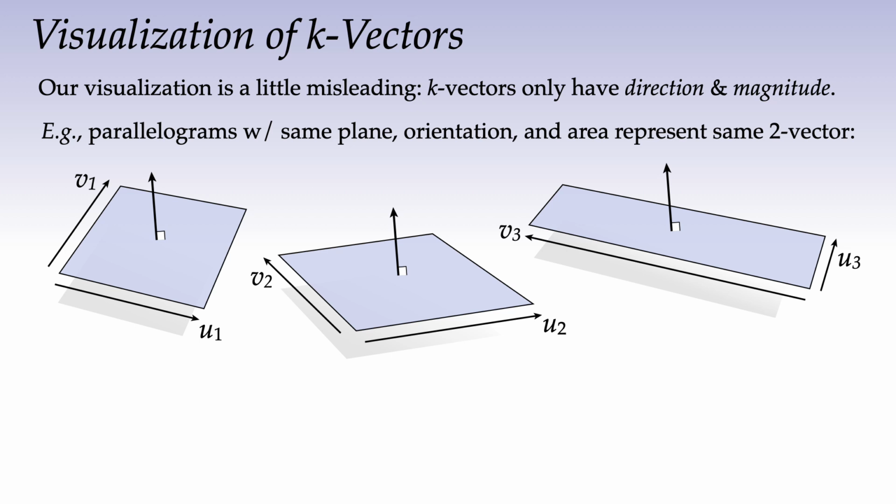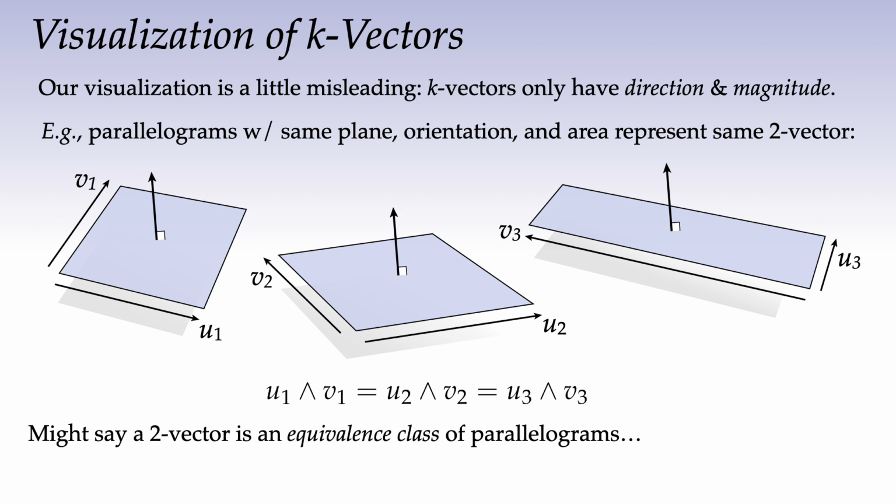So basically what we're saying is if you wedge together u1 and v1, and then you wedge together u2 and v2, and you find those have the same area, they sit in the same plane, they have the same orientation, then those are the same 2-vector. Likewise for u3 and v3. So we can define 2-vectors as equivalence classes of parallelograms that have the same area, sit in the same plane, and have the same orientation.